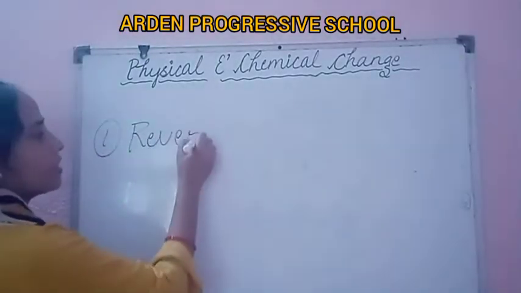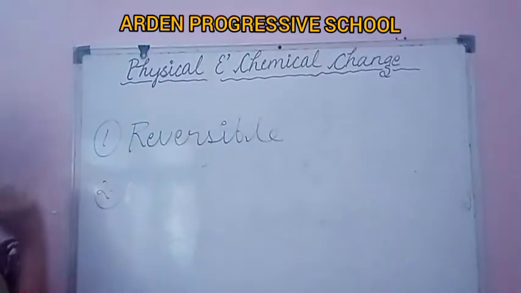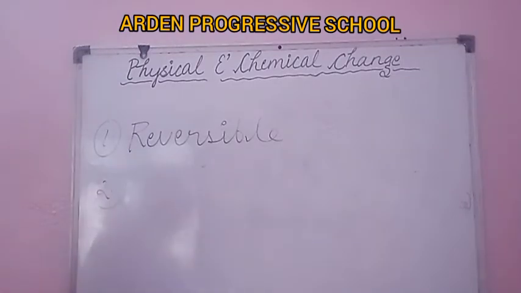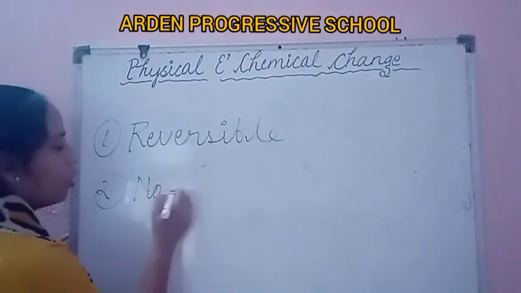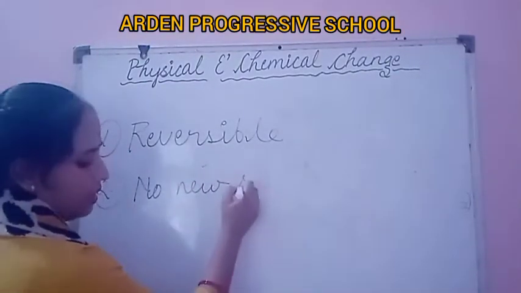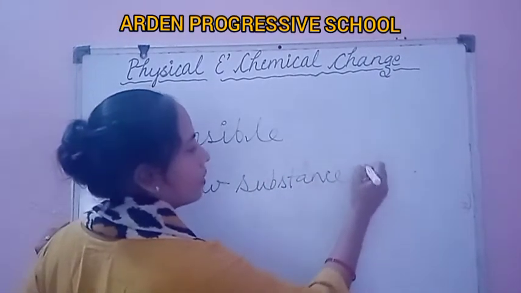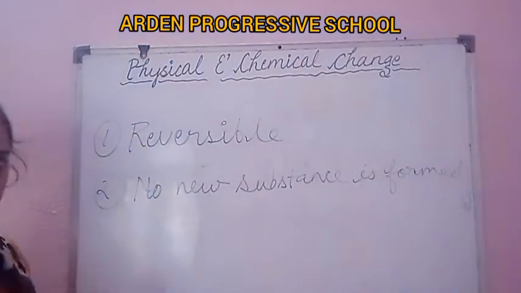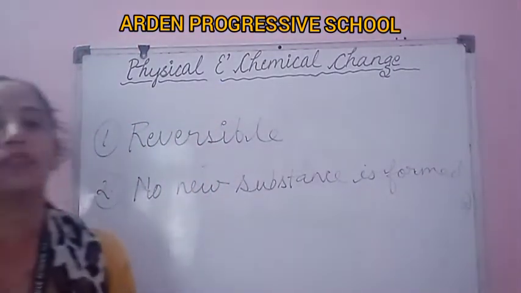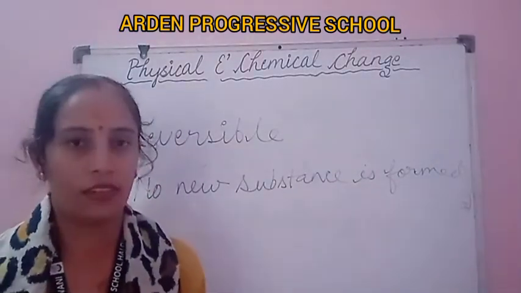It is reversible in nature, first one, and the second, in such change no new substance is formed. Clear? इसमें कोई नया substance नहीं बनता है. Clear? These are the two characteristics of the physical changes. So this is the physical change.